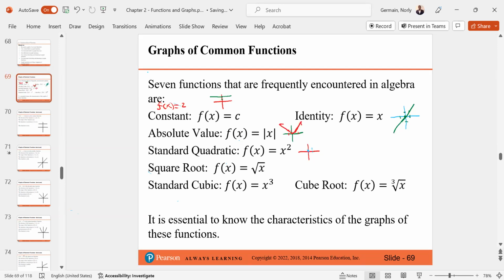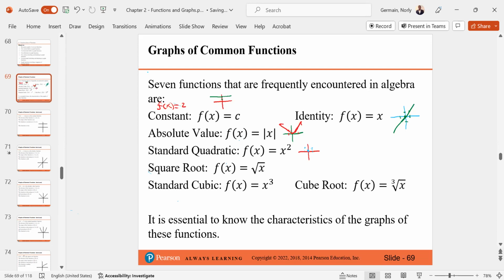If x is negative 1, y would be 1. You see the difference between the absolute value function and the standard quadratic function: for absolute value, if x is negative 2, y would be 2, and if x is 2, y would be 2.